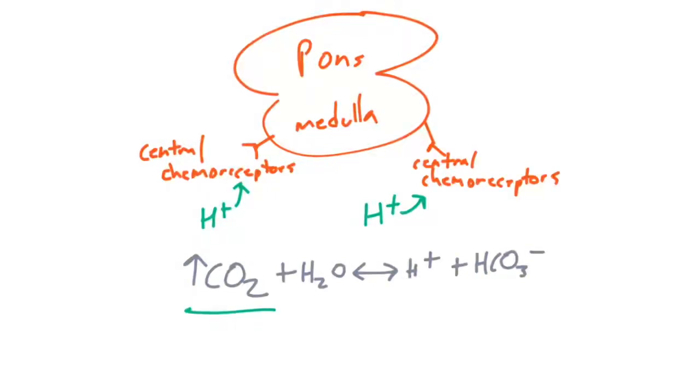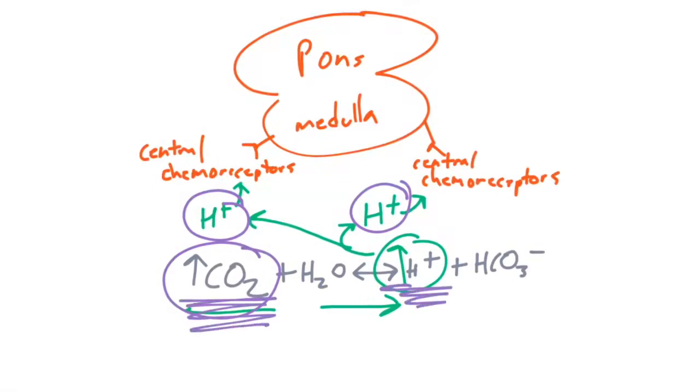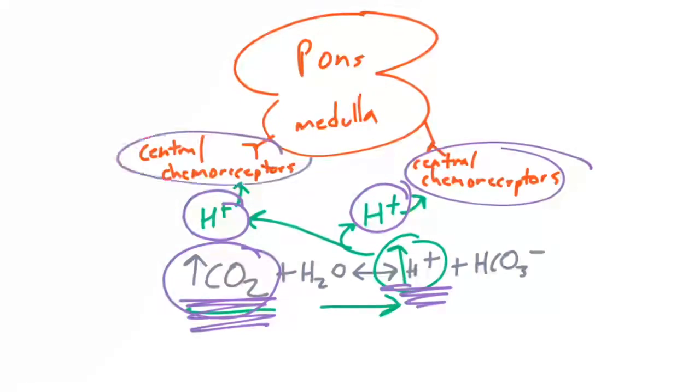Once there, it can shift this equation to the right, thereby increasing acid content, and this acid will then directly stimulate these central chemoreceptors. It's important to recognize that hydrogen does not readily cross the blood-brain barrier. However, CO2 is able to cross. So the point is that increased CO2 can increase hydrogen, which will stimulate the central chemoreceptors.